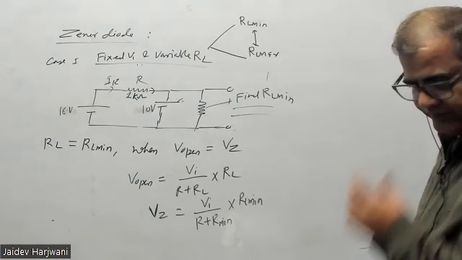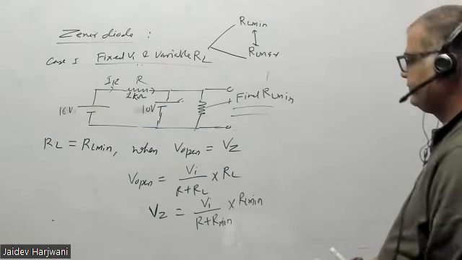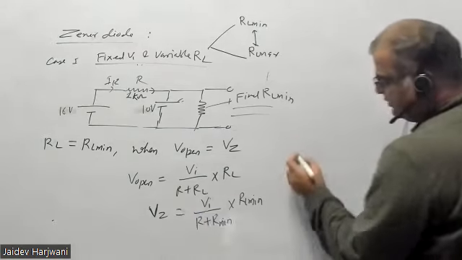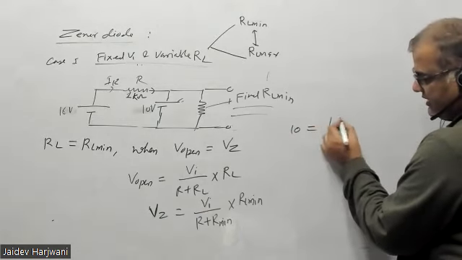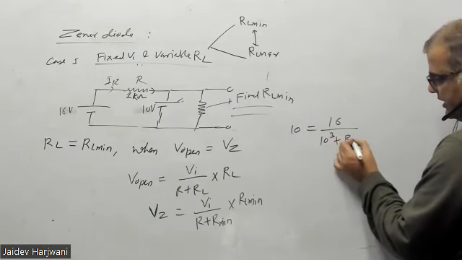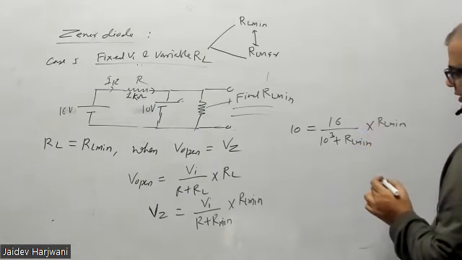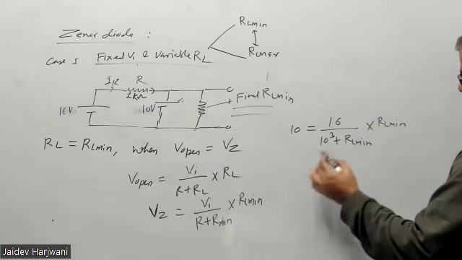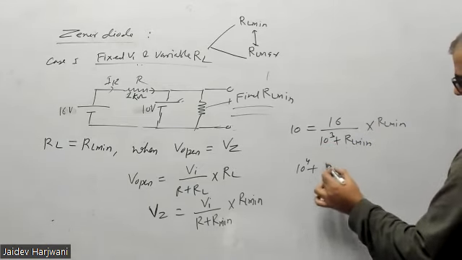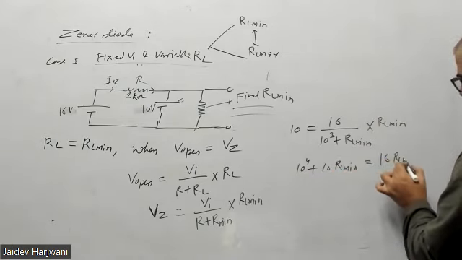How much will RL minimum come? So RL minimum from this formula: Vz is 10, I'm keeping 10 here. VI is 16. R is 1 kilo ohm, 1000 ohm, plus RL minimum, into RL minimum. So this will give me 10 raised to power 4 plus 10 RL minimum equals 16 RL minimum.